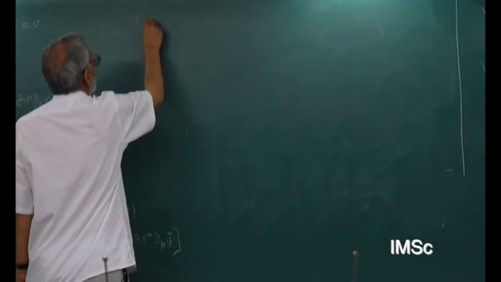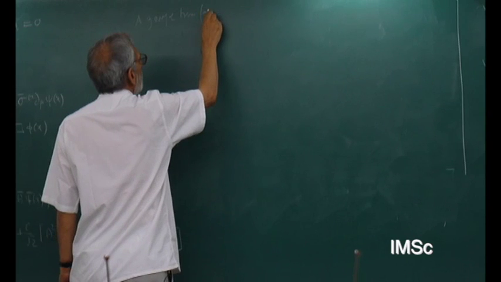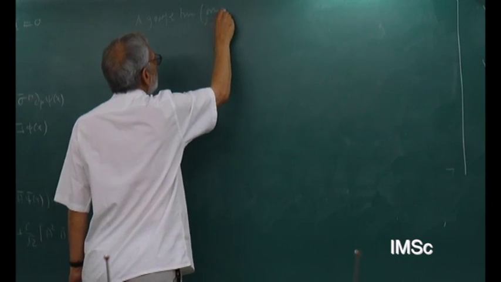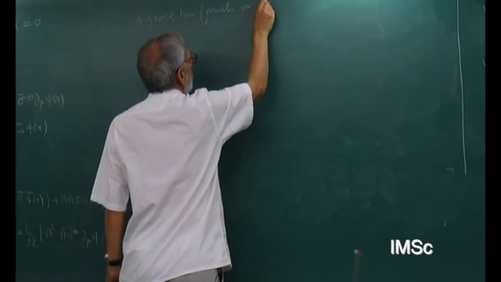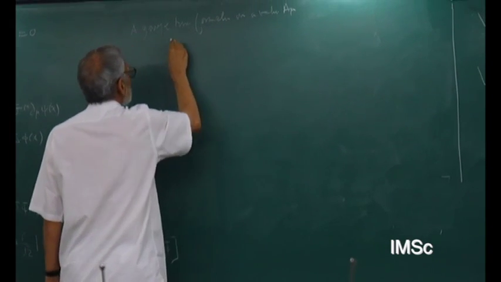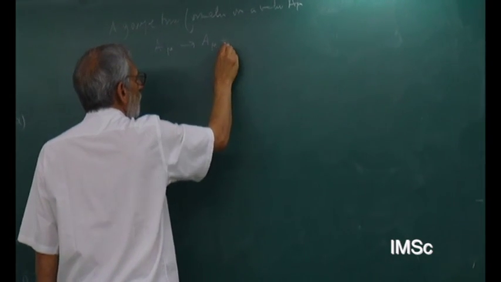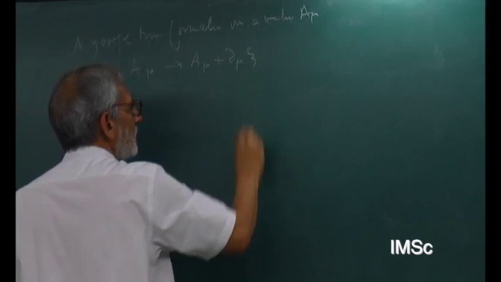Consider a gauge transformation on a vector field A mu: A mu goes to A mu plus d mu xi.